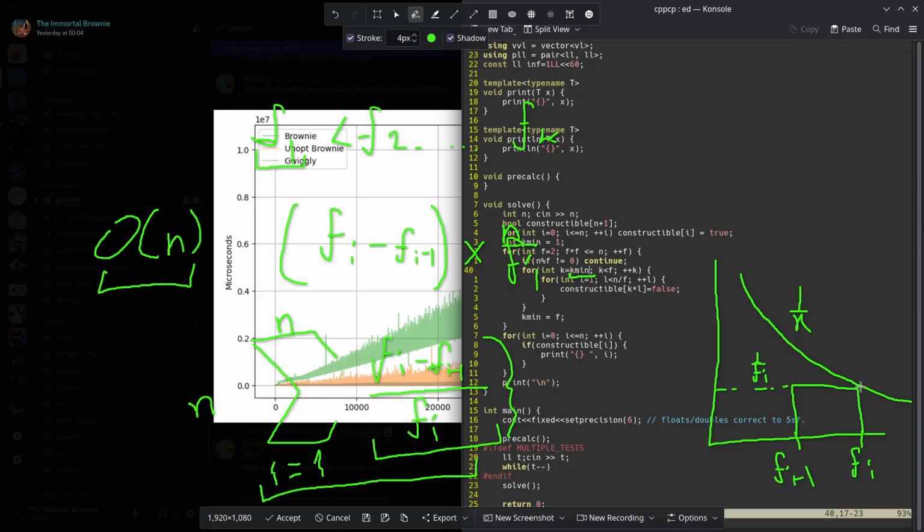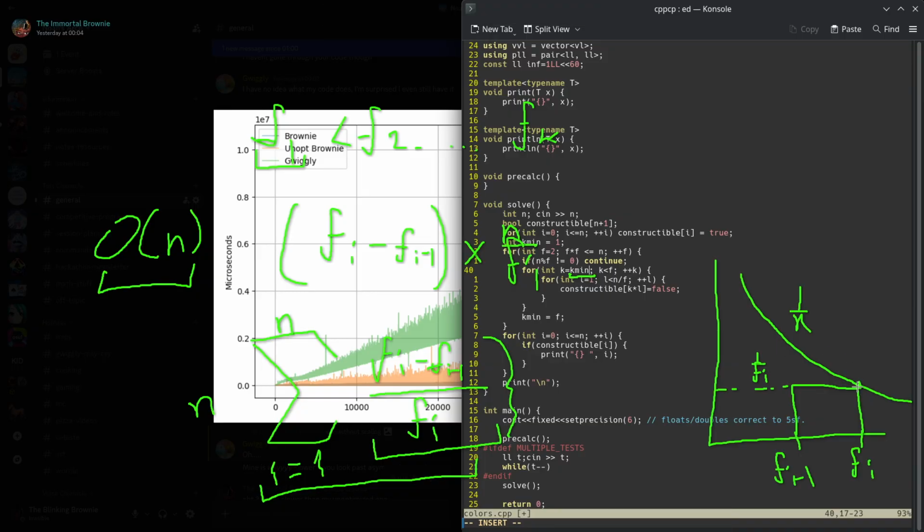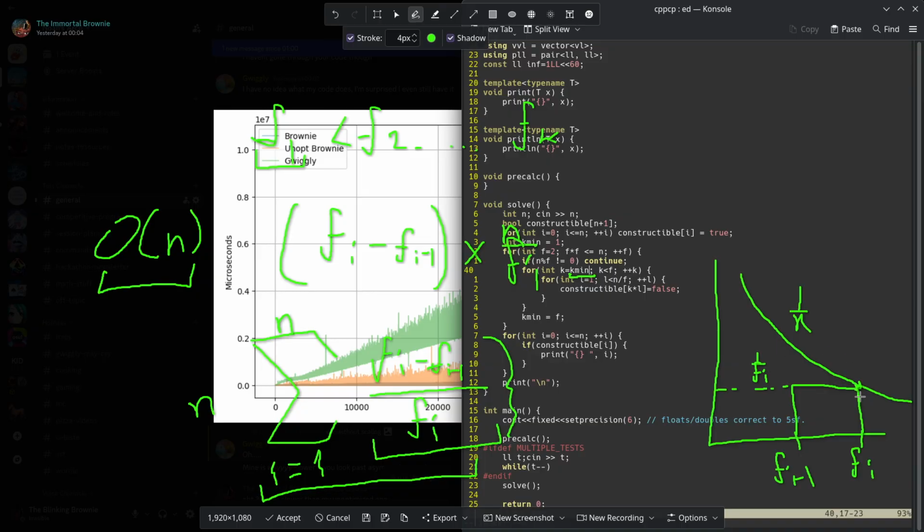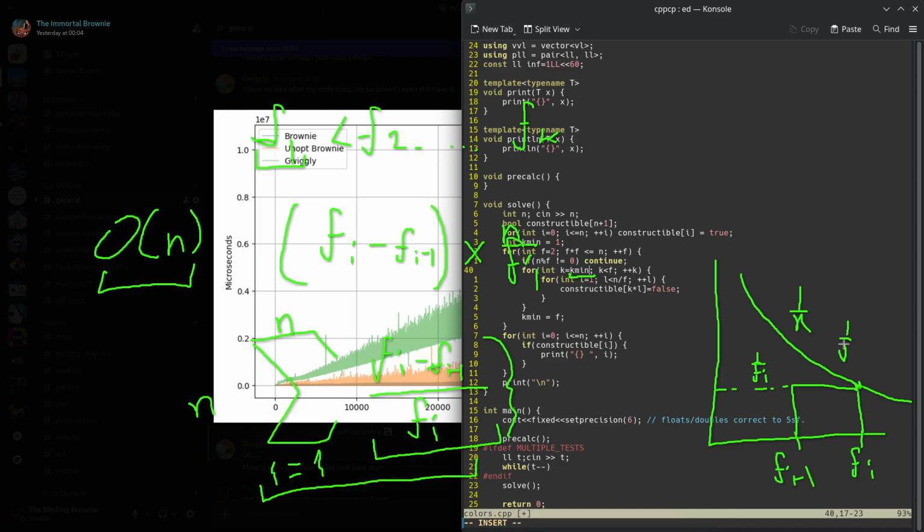That's not right. Is it f? Oh, where did I go wrong? This point needs to touch this curve. This point is 1 over fi.